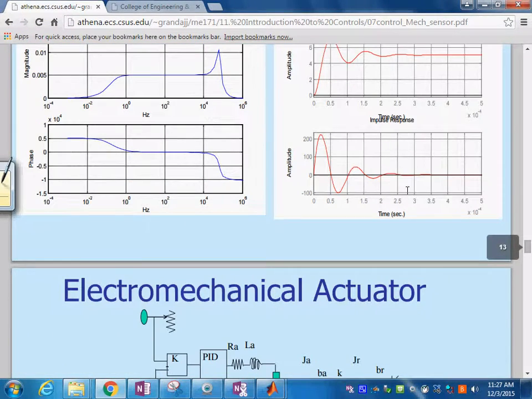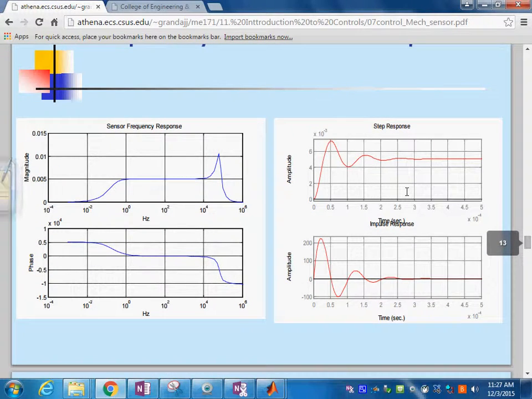What we need to do is get the bond graph model on the screen, and then let's get on with obtaining the transfer function.